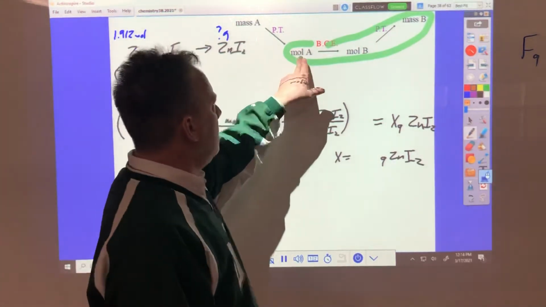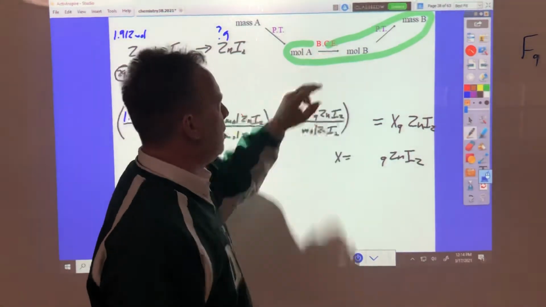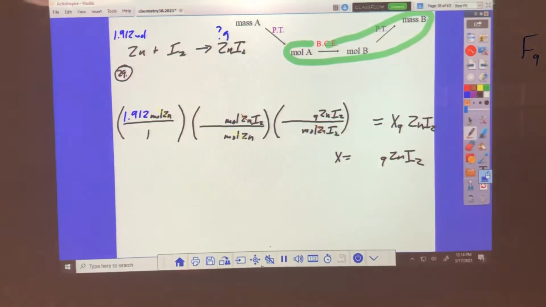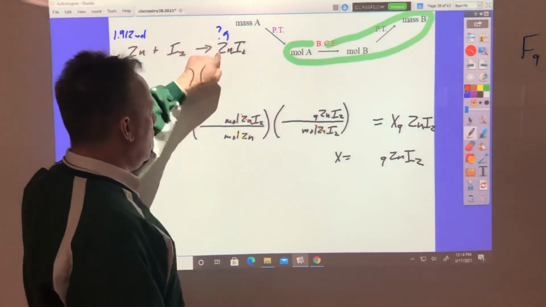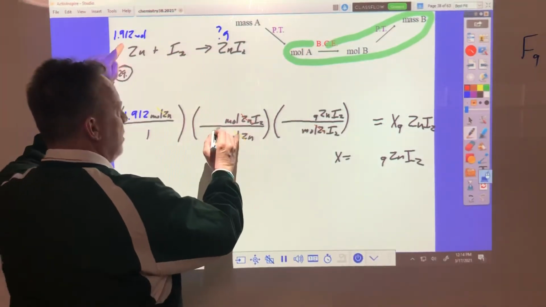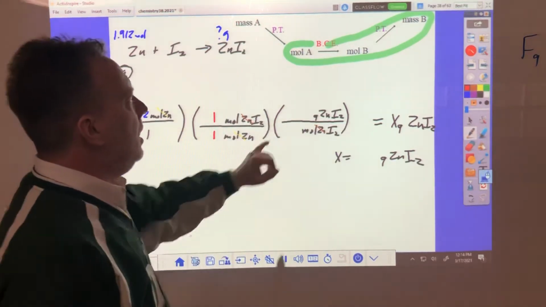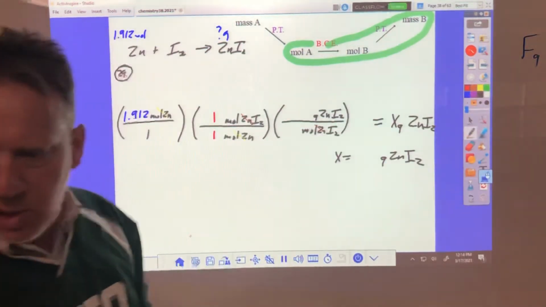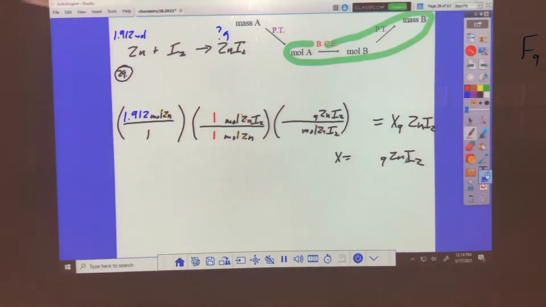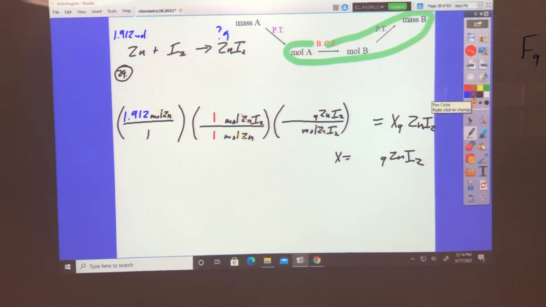You get, in the first step, the numbers from the balanced chemical equation. And those are 1, 1, and 1. So 1 mole of zinc, 1 mole of ZnI2. And the other numbers come from the periodic table. So I'm going to do those in purple, or whatever color this is. So I have 2 iodines.